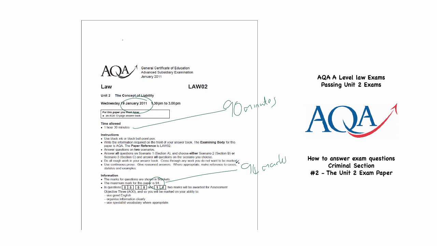So why I make a point of looking at those two things is that I tell my students absolutely religiously, this means that you've got 1 minute per mark. So if a question is worth 7 marks, you need to spend 7 minutes on it.